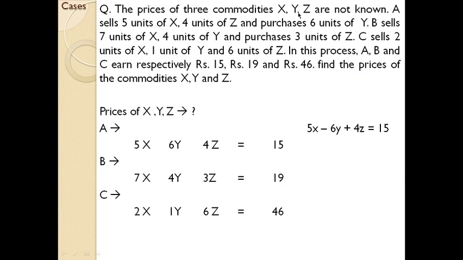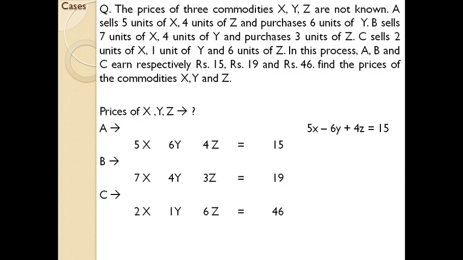Remember, here A is a person and he is buying and selling something. So be logical. If you are a businessman and you are selling something, what will be the status of the money in your pocket? Will it increase or will it decrease?